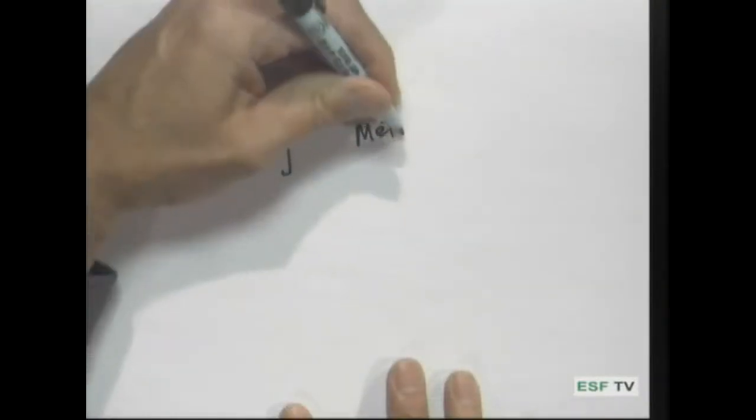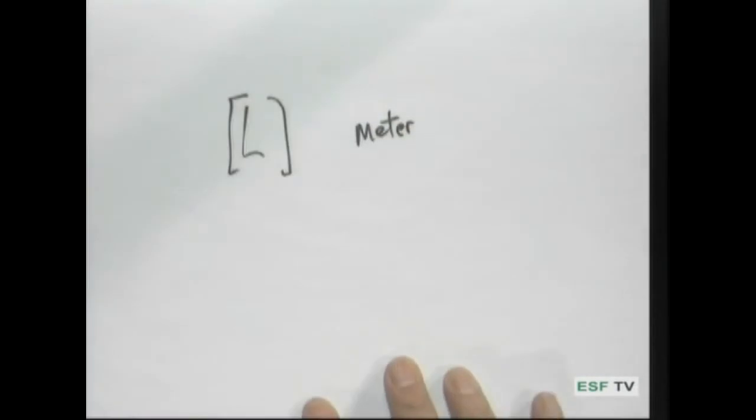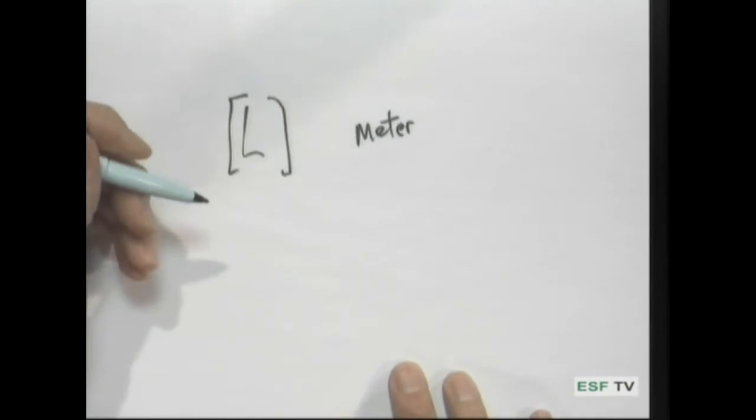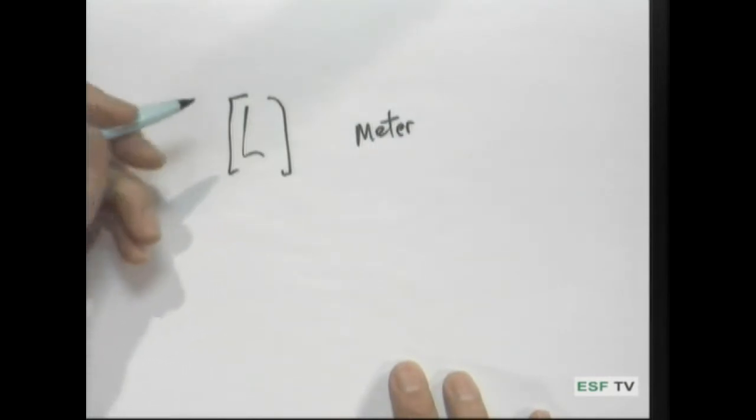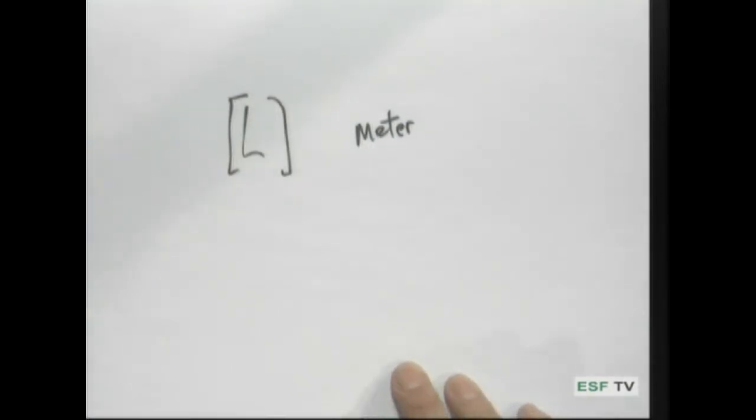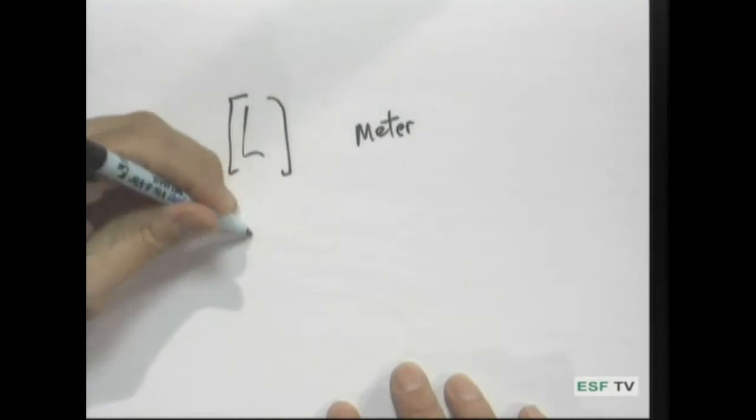In this case, we keep the meter as the basic unit, but that's not very convenient for people who are trying to measure things like diameters of planets or distances of stars and those kinds of things. But it's more convenient than the centimeter was.